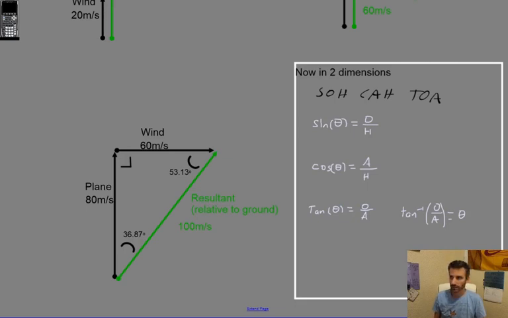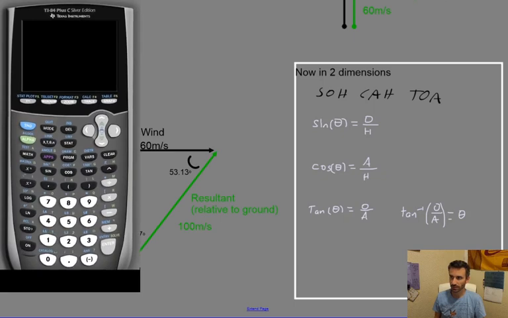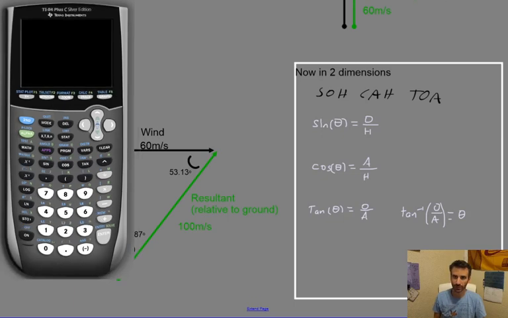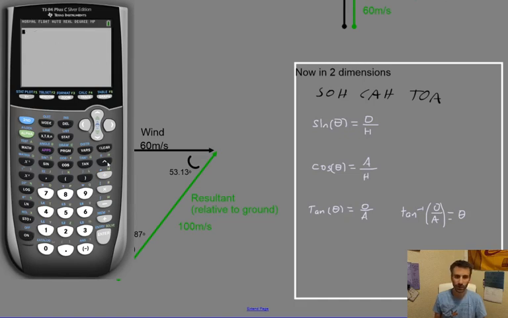Let's go ahead and expand this here, and we'll have to turn that calculator on. Let's see if I can get this on my screen. Okay, and there it goes. So we're going to take the inverse tangent of the opposite, which is 60, divided by 80.